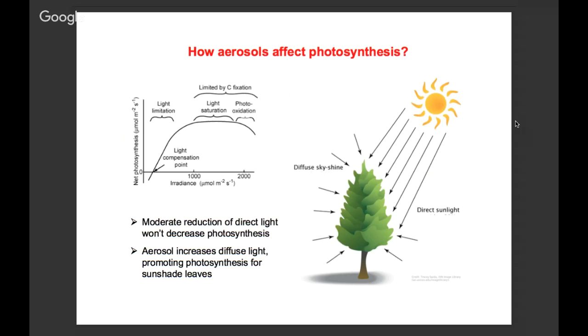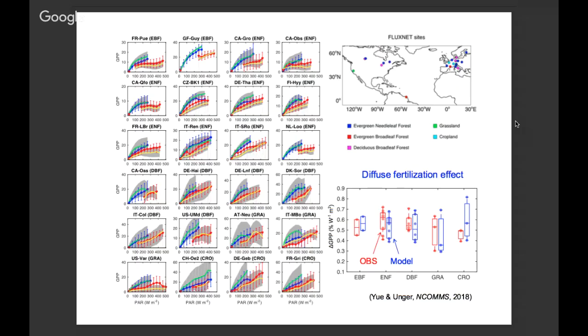Here we found 24 sites on the global scale that provide long-term observation of carbon flux as well as diffuse radiation. Then we separated the moments that are dominated by diffuse light or dominated by direct light. Here each plot represents a result in one site. The blue and the green here is the response of the GPP to diffuse light, and the red and the yellow is the response of GPP to direct light.